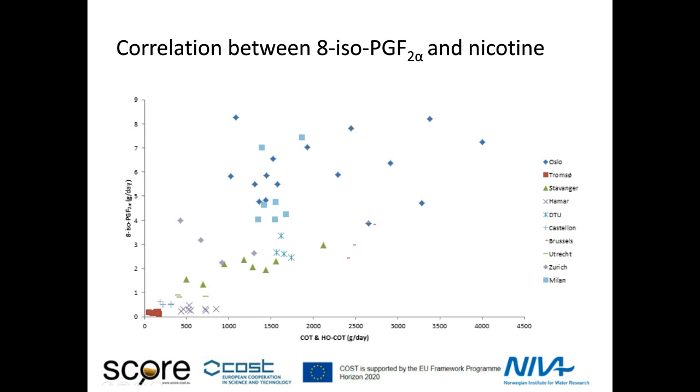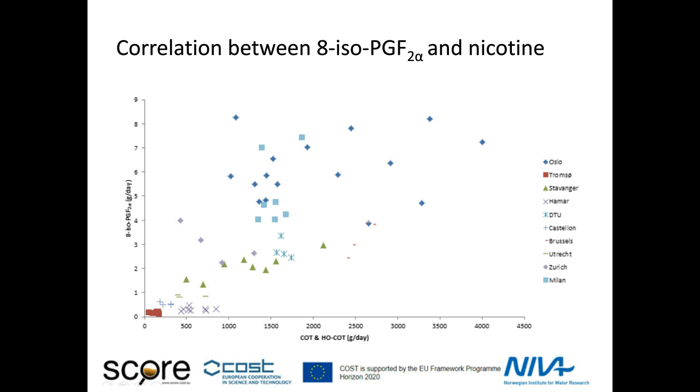And what this plot is showing you is a relationship between cotinine and hydroxycotinine. They are nicotine metabolites, so from smoking and cigarettes and that kind of thing, correlating that with isoprostanes in wastewater. Both these measures in wastewater. And you can see it's a bit of a scatter, but there is some degree of correlation there. So this is encouraging for us going forward.